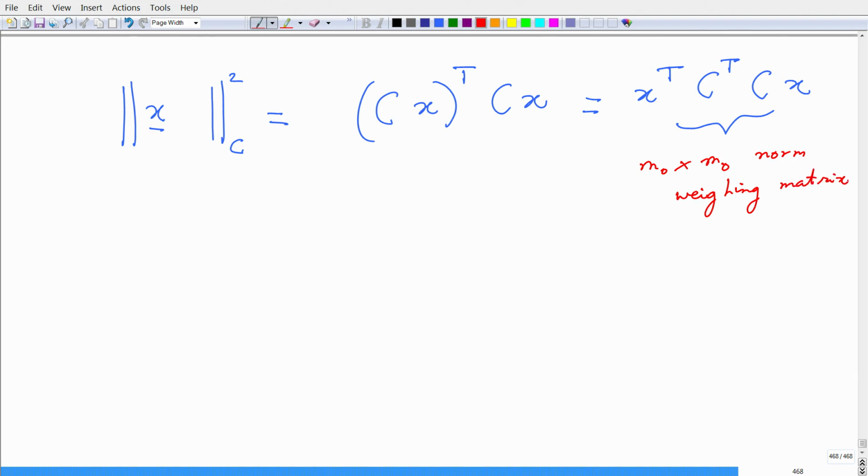Right, I assume my data vector x is M naught by 1. So, if you assume this to be of dimensions M naught by 1, then this makes sense.